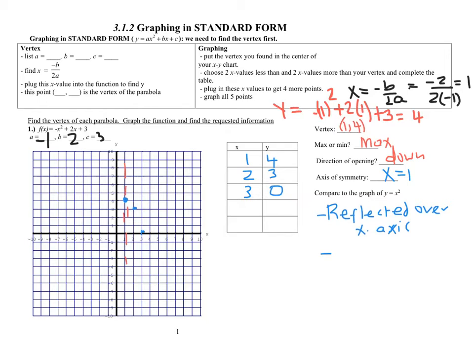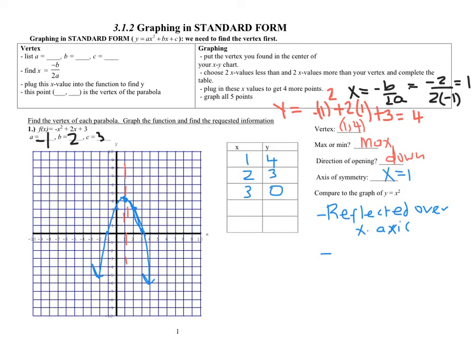I just count 1, and then 1, 2, the other point is going to be there. Those are enough points for me to connect, and I get my graph right there.